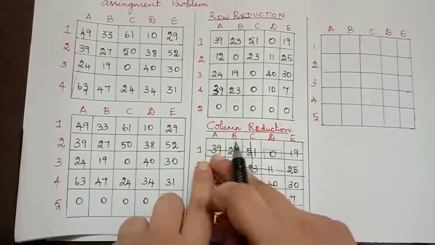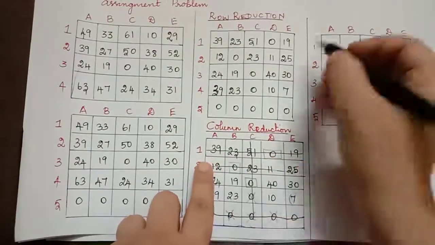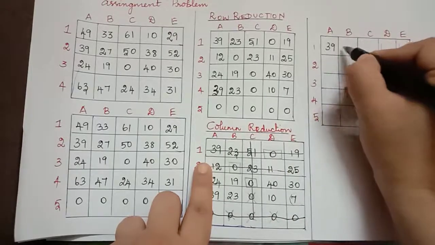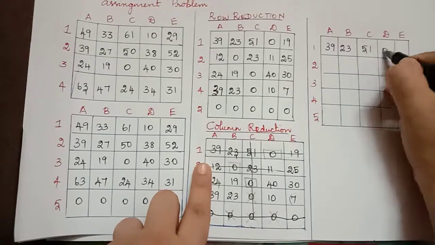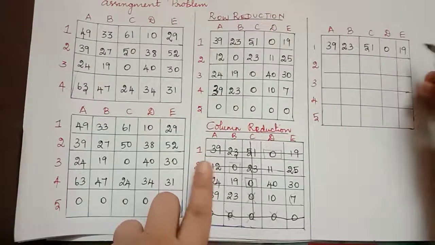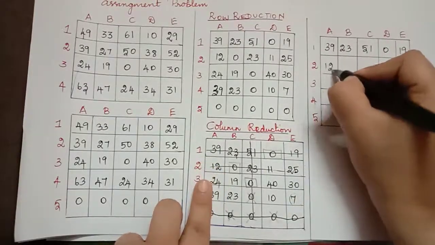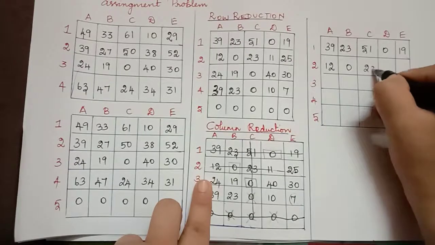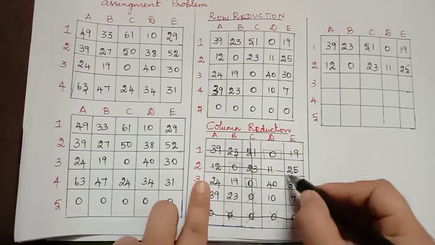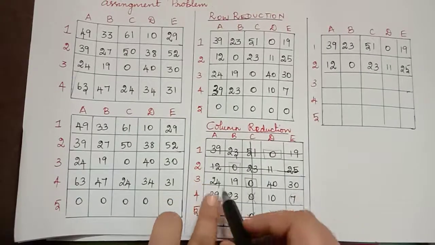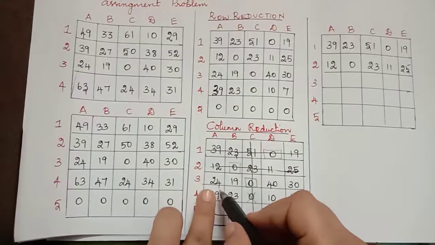Now if we see, all the elements in the first row are covered, so the elements of that row will be repeated. So there will be no change in those elements. In the second row also, all the elements are covered, and so the elements will be the same. Now when we see the third row, 24 is an uncovered element.